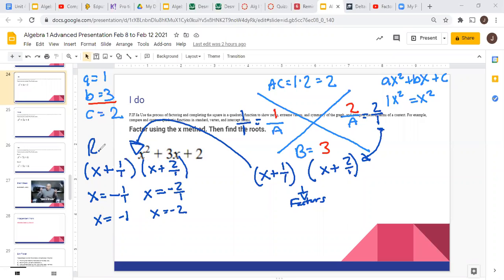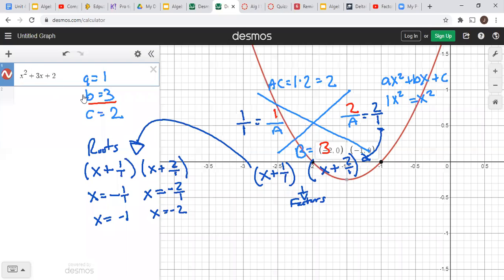And the roots are the x values where the quadratic hits the x-axis. So we could take a look at that real quick. So our roots here, here's the quadratic, right? And you could see here, it's hitting at negative 2 and negative 1, okay? And those were our two values that we got right here.